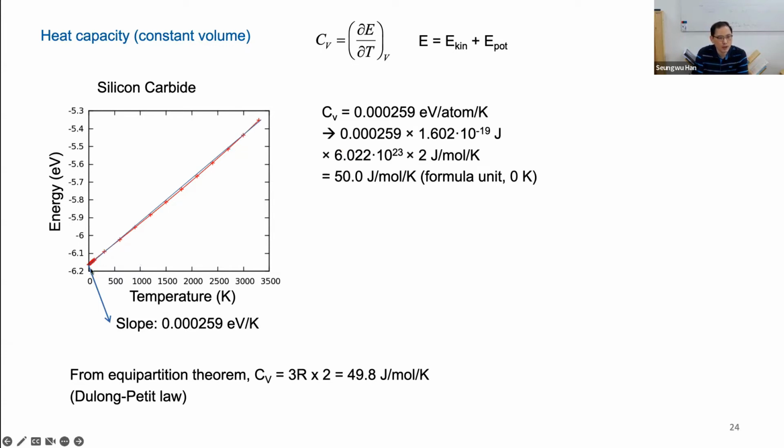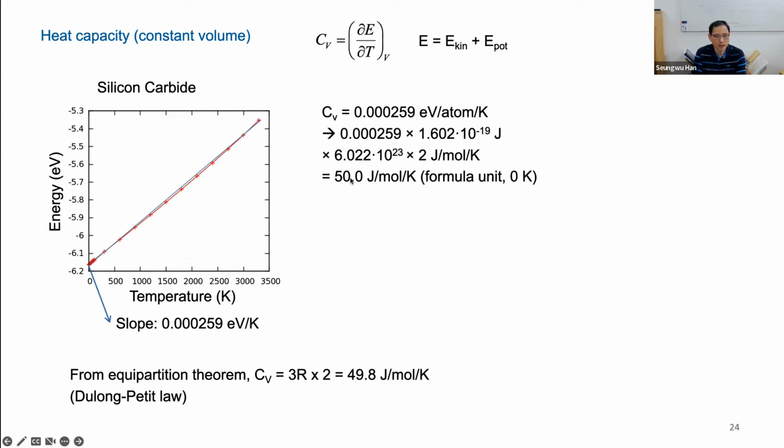All right. So this is the temperature of the simulation. This is the energy of the silicon carbide, and this X is the simulation result, and you can see that it is almost linear with respect to temperature, and its slope is this number. And if you convert this into joule per mole per Kelvin, then this is 50.